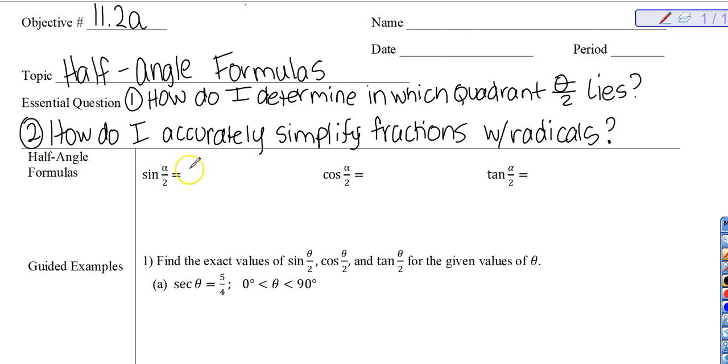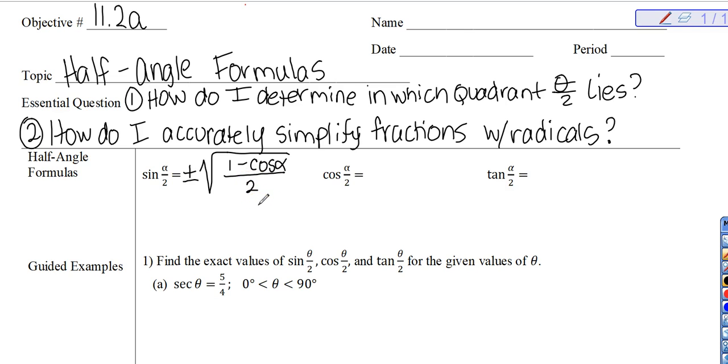There's two options, positive or negative, and you will have to make the decision when to choose the positive or the negative. And then this is a massive square root with a fraction under it: 1 minus the cosine of angle alpha all over 2.